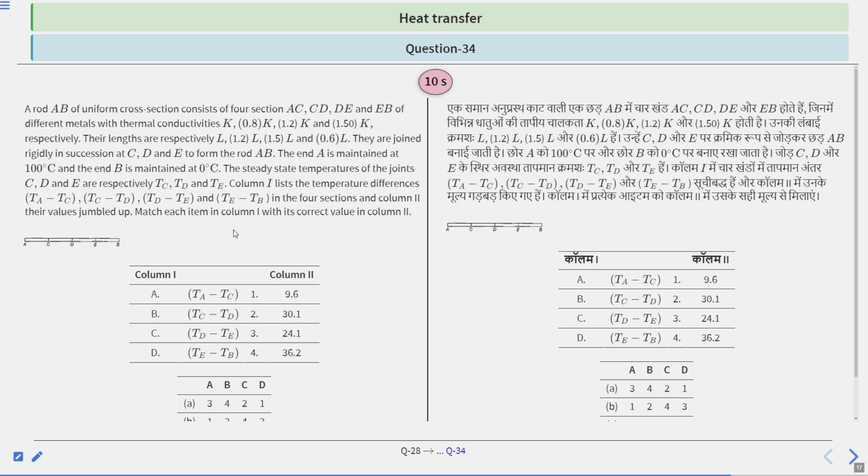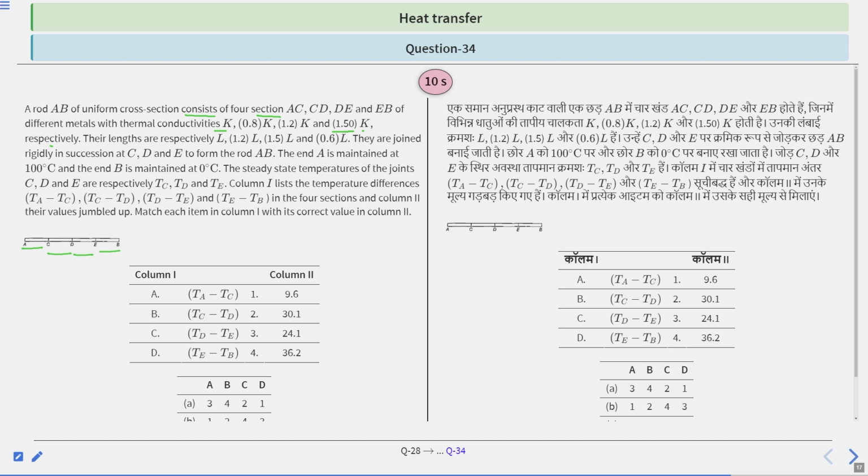Question 34. A rod of uniform cross section consists of four sections: AC, CD, DE, and EB, of different metals with thermal conductivities 0.8K, K, 1.2K, and 1.50K respectively.